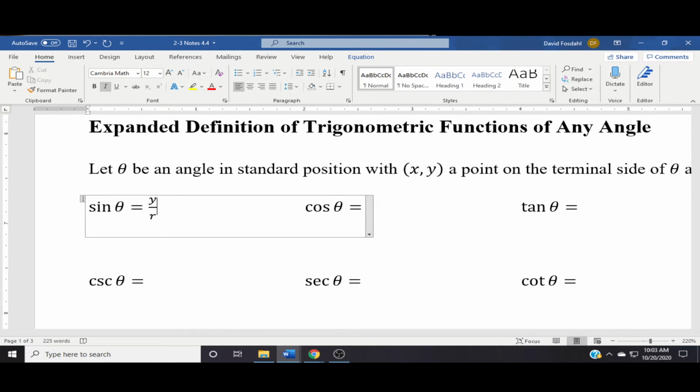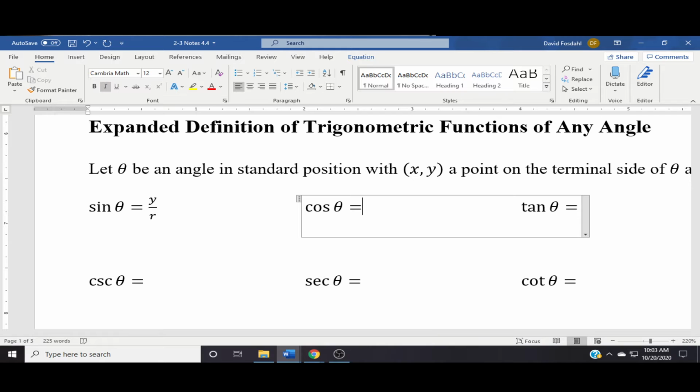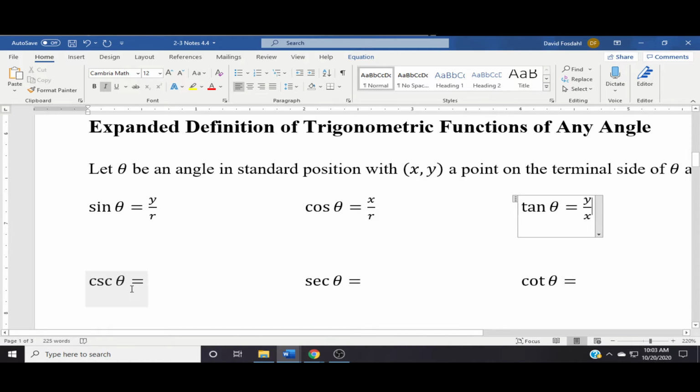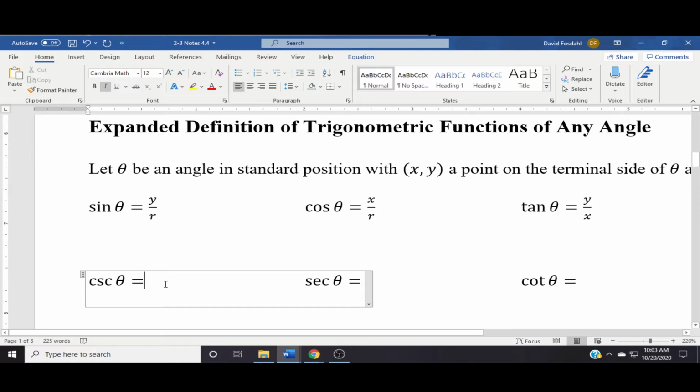Now why is this different from our unit circle? Our unit circle has an r of 1, so of course, if you divide anything by 1, that equals itself. This is just expanding it, so we don't have just acute angles or obtuse angles, but any angle along the circle.